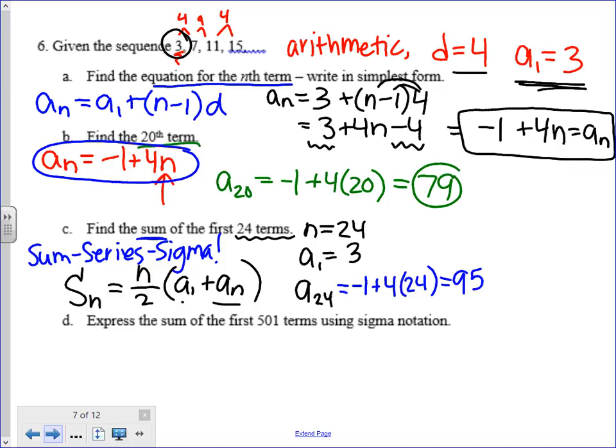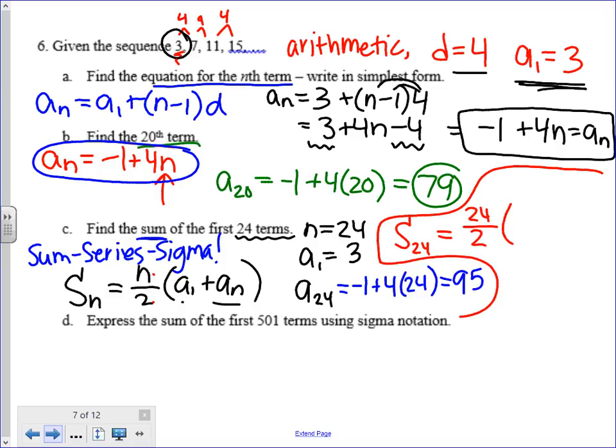But now I have all the information that I need in order to find the sum of the first 24 terms. So what I do is I now take these three pieces of information and put them into the formula here. So I'm going to take S sub 24 equals n over 2, n was 24, over 2, times the first term, 3, plus the 24th term we just found, 95.